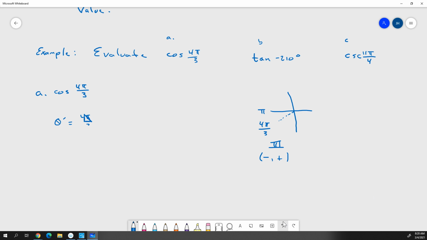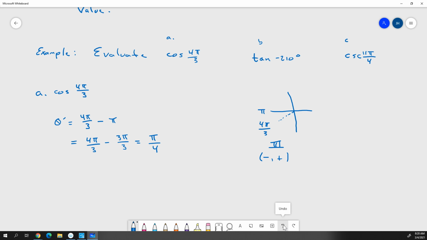So 4 pi over 3 minus pi. Well, that's the same as saying 4 pi over 3 minus 3 pi over 3, if I just want common denominators. And that just gives me pi over 4.